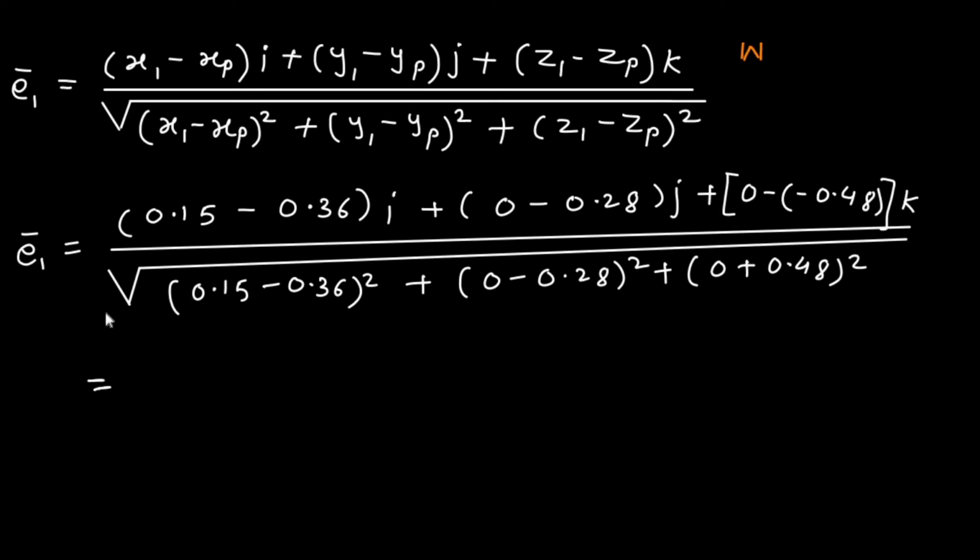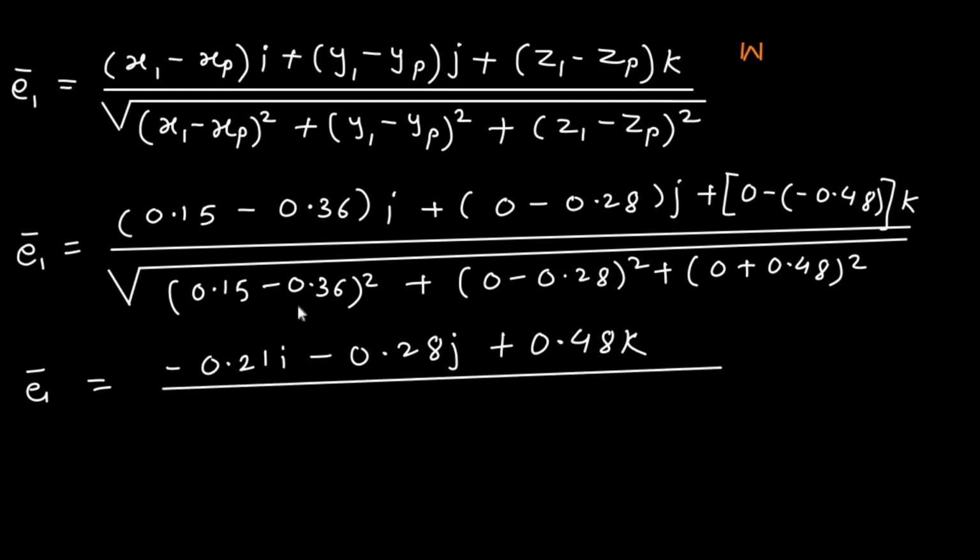If I calculate the value of this square root, after subtracting these values, the E1 vector is minus 0.21i minus 0.28j, 0 minus of minus 0.48, that is plus 0.48k, divided by, after doing the subtraction and calculating the square root of this, I am getting the value as 0.594.